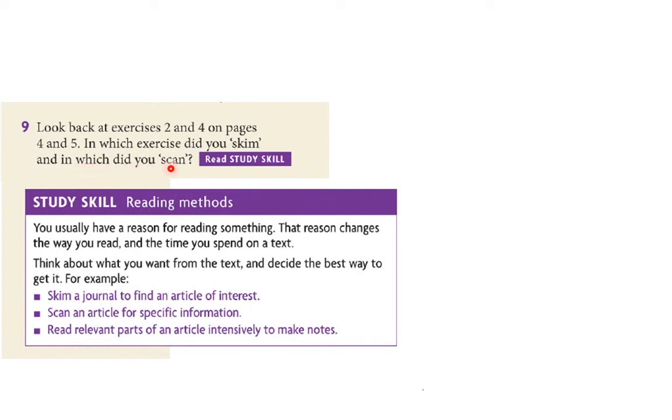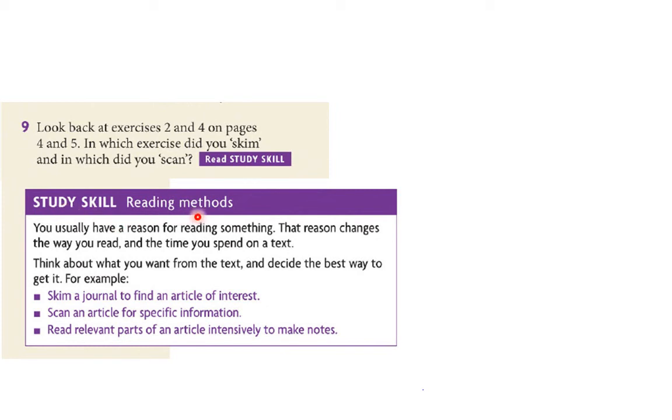So he asked us to go back to pages 4 and 5, specifically to exercises 2 and 4, in order to say in which exercise we use skimming and in which we use scanning. Let us have a look at the study skill on the same page.